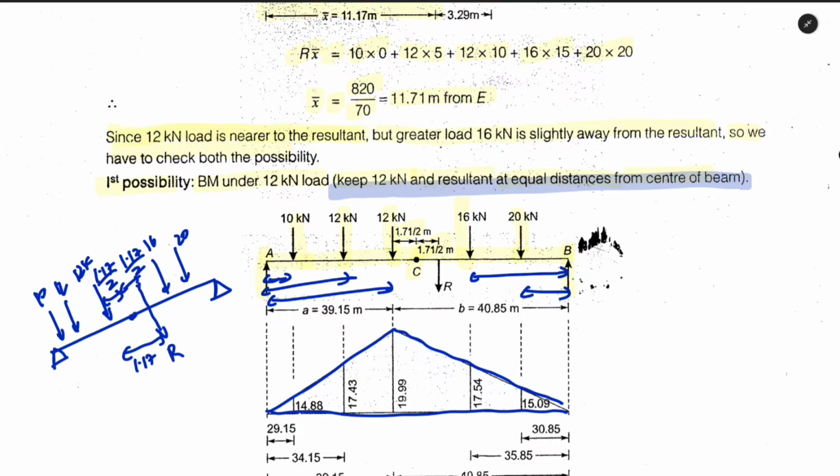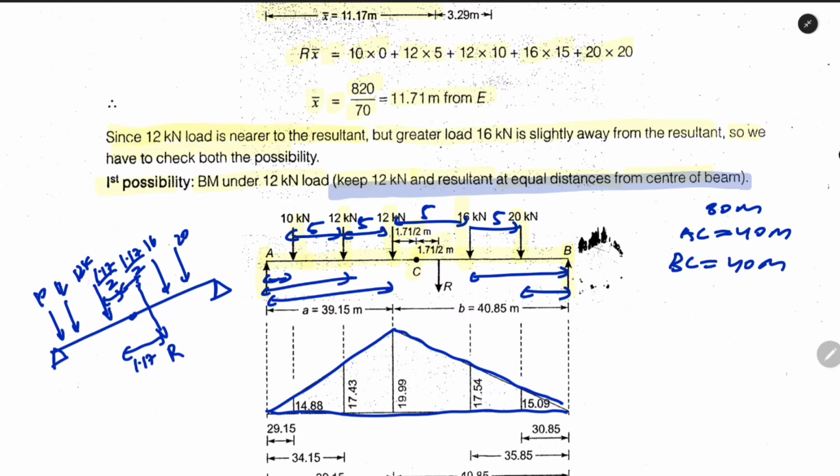Now, we know that they are equally spaced. This will be 5, this will be 5, this will be 5, and this will be 5. The total span of the simply supported beam is 80 meter, so AC distance is 40 meter and BC distance is 40 meter. In a similar way we will find all the distances.